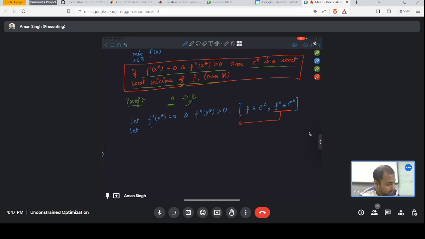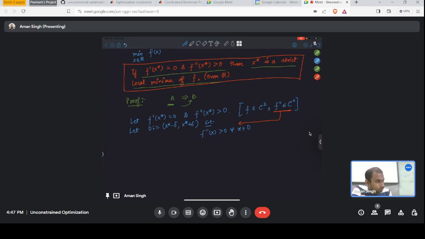Let D be a neighborhood, x star plus or minus delta, such that f double dash x is greater than 0 for all x belonging to D. So we are trying to find a neighborhood around x star where the double derivative is positive. How do we know it exists? Because f double dash is continuous.